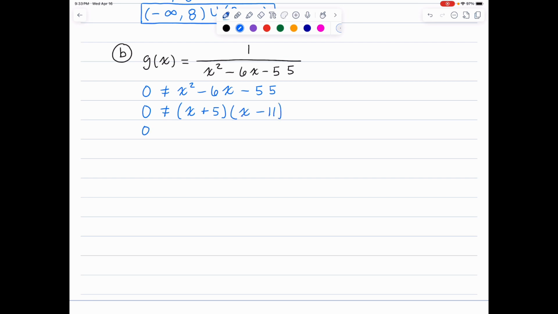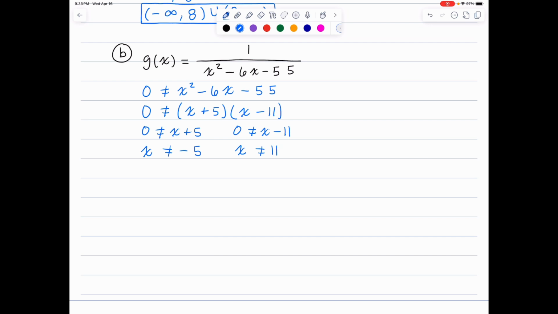So this means 0 cannot be x plus 5, and 0 cannot be x minus 11. So now, if we solve for these, we get x cannot equal negative 5, and x cannot equal 11.